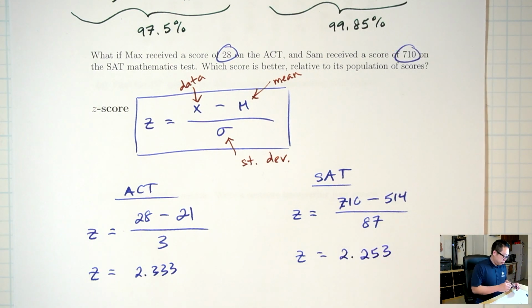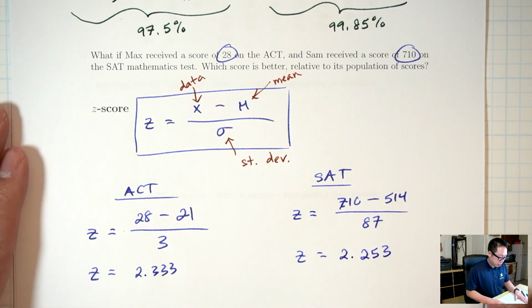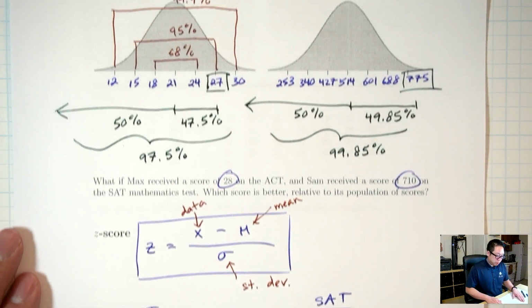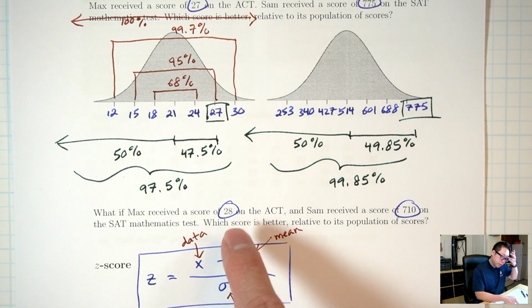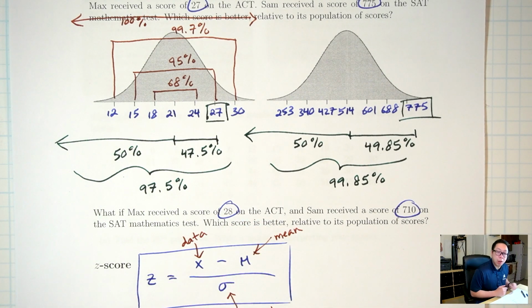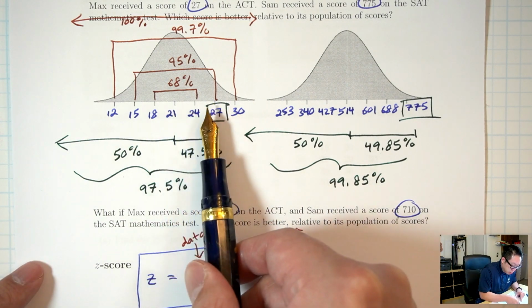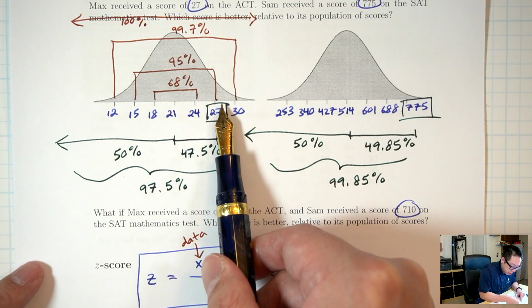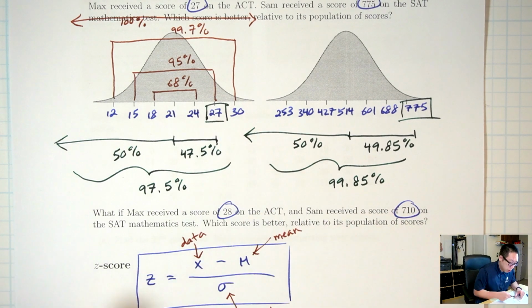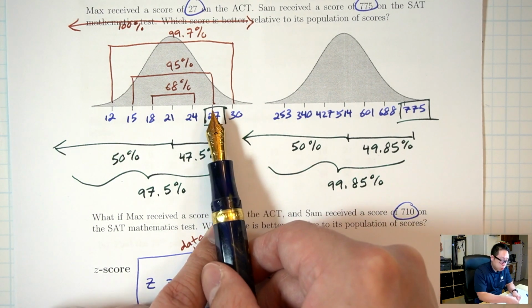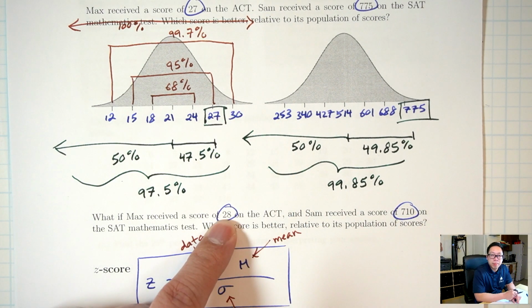Okay, what does this mean? Well, 28, we said, wasn't exactly on one of those steps, right? It's actually between, that's 1 step, 2 steps. 28 is somewhere there, and then that's 3 steps. So 28 is somewhere between 2 steps and 3 steps above the mean.